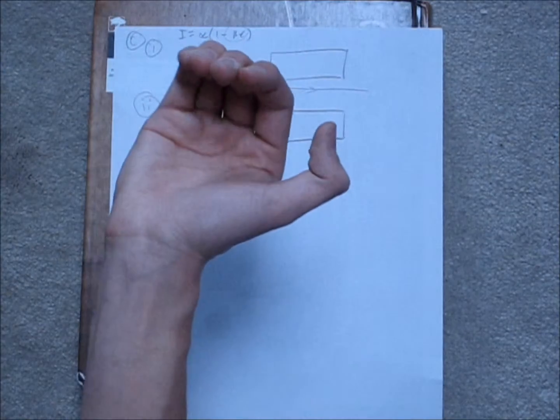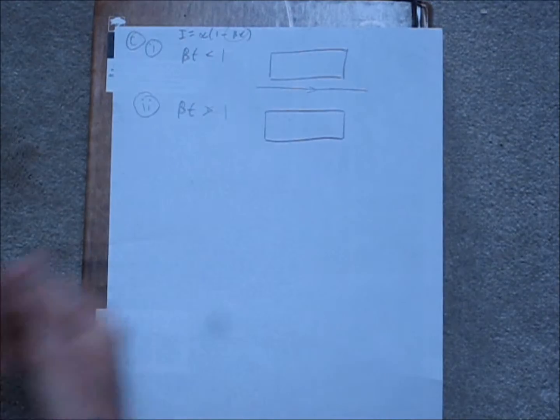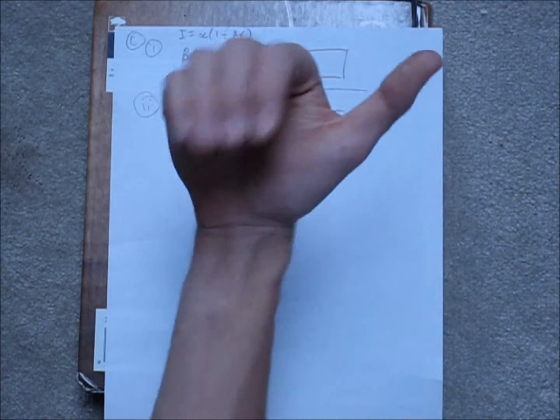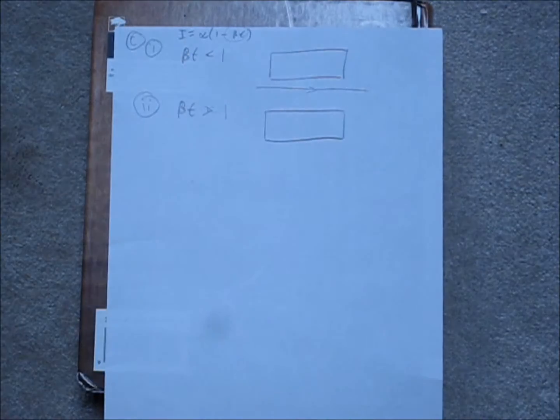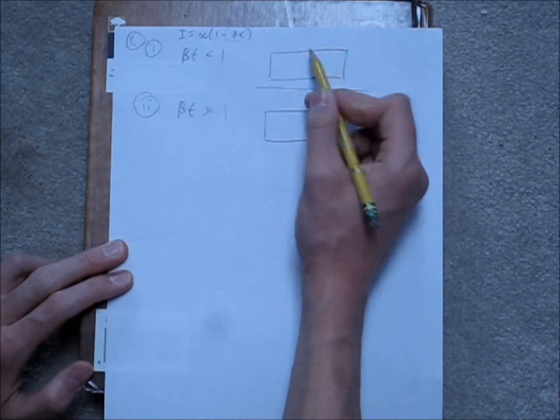So since it's decreasing, the current would have to go out of the page in order to suppress that, so it would be going this way.